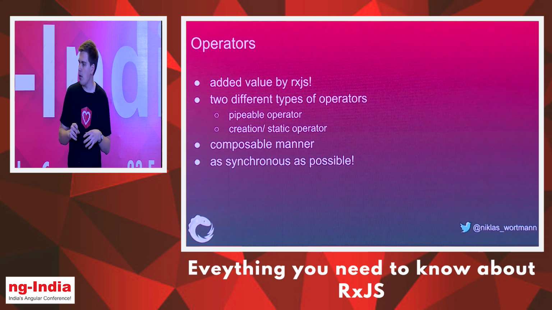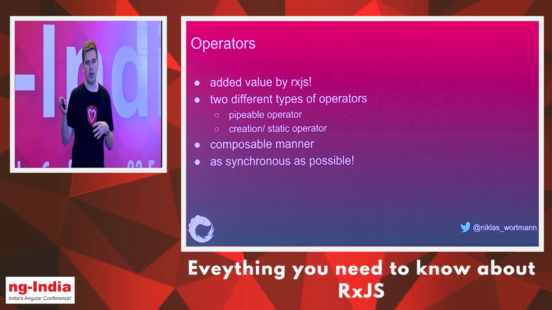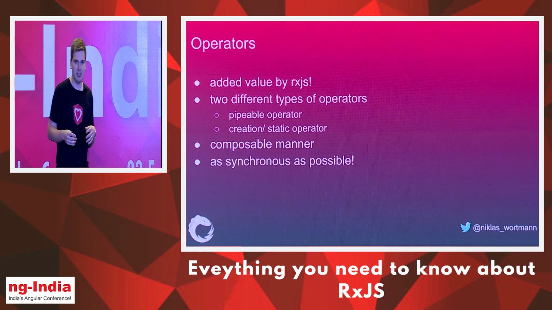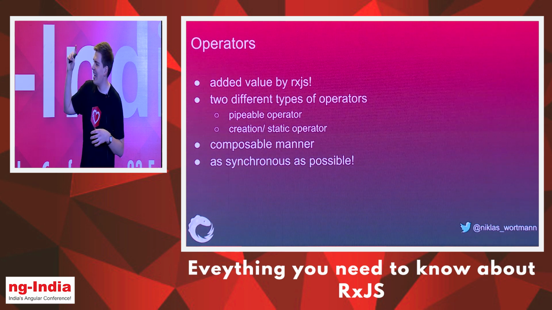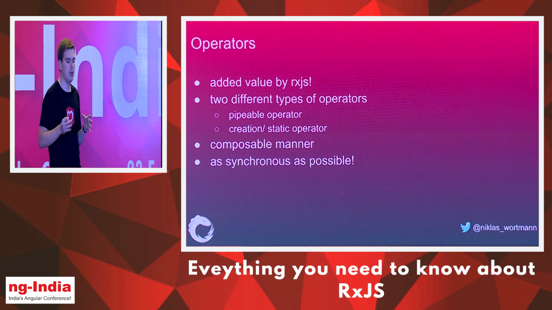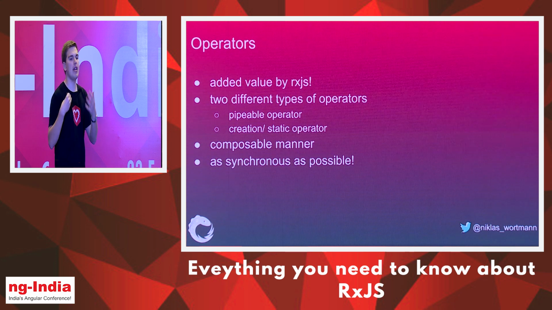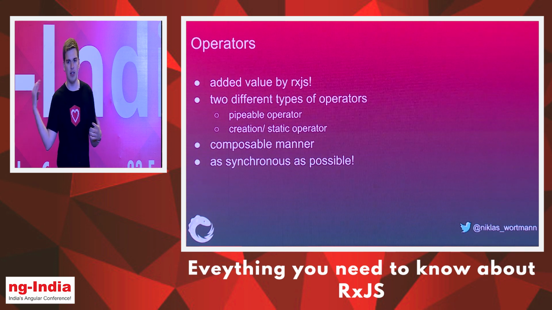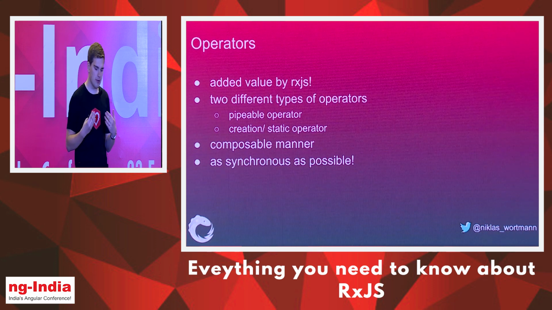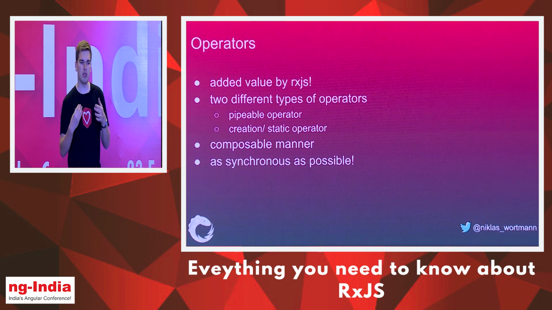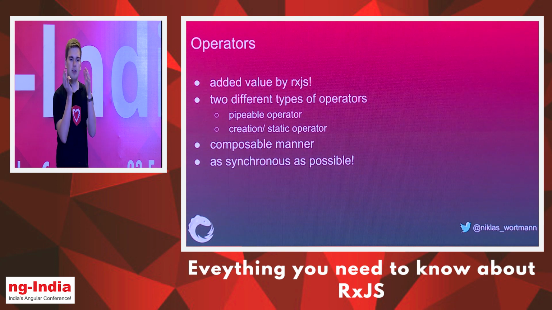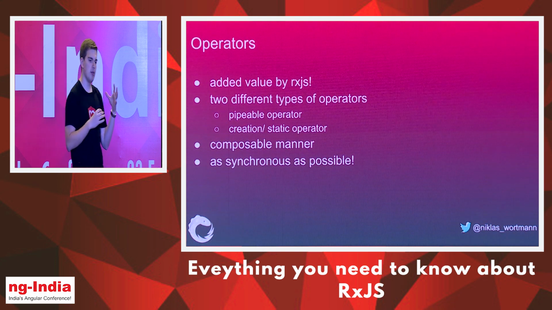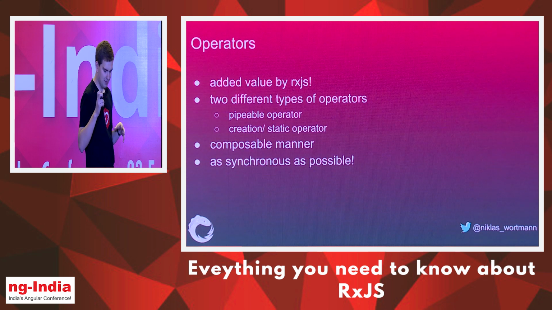There are the pipeable operators, those you can pass to the pipe function. Nodding again, very good. And there are static or creation operators. Those are used to create an observable from whatever, a promise, from an array. So those are the two differences, and they are very composable because you can aggregate them. In the pipe, you can add multiple, those kind of things.